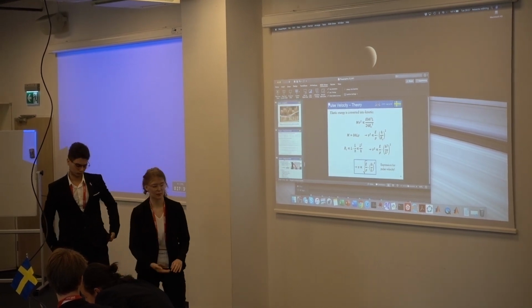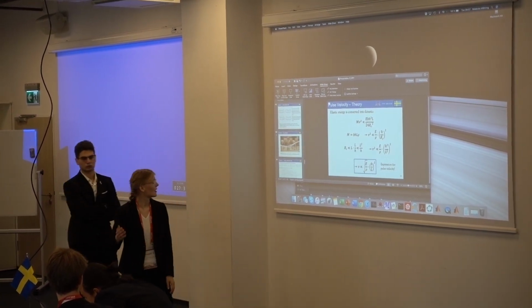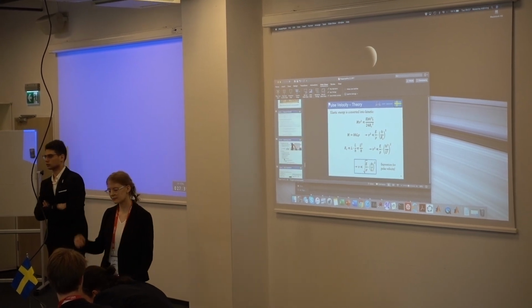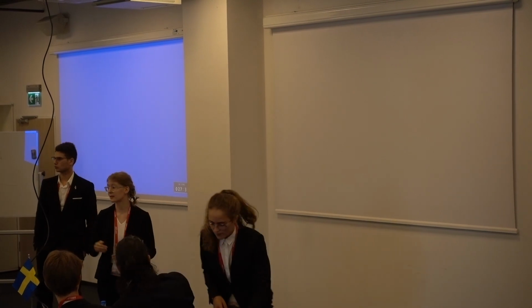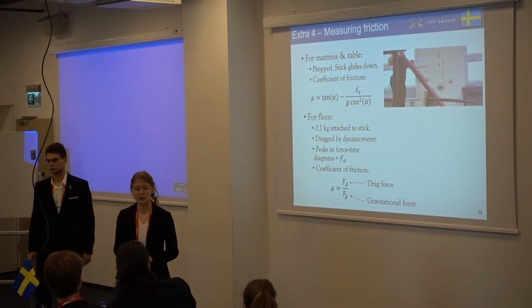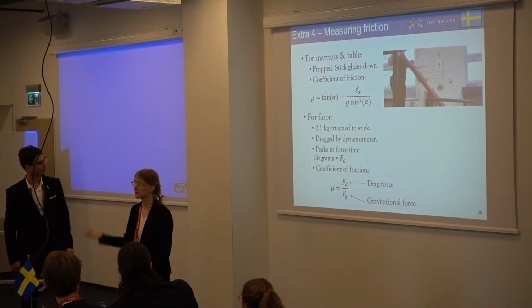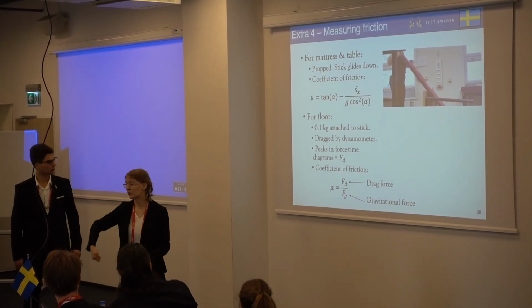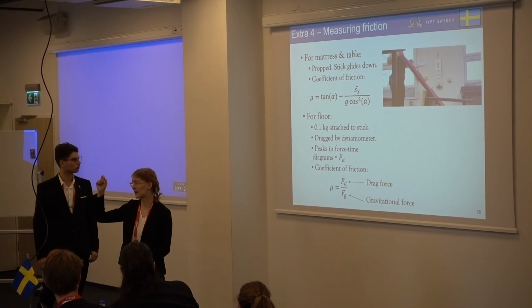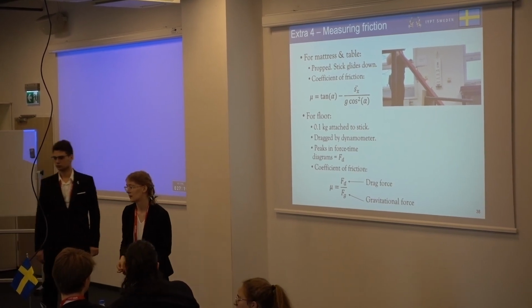In the case of the table and mattress, we simply tilted them and looked at the velocity with which the stick slid down. For the floor, which of course could not be tilted, we attached a weight dynamometer and dragged the stick and then looked at the peak in the force-time diagram.